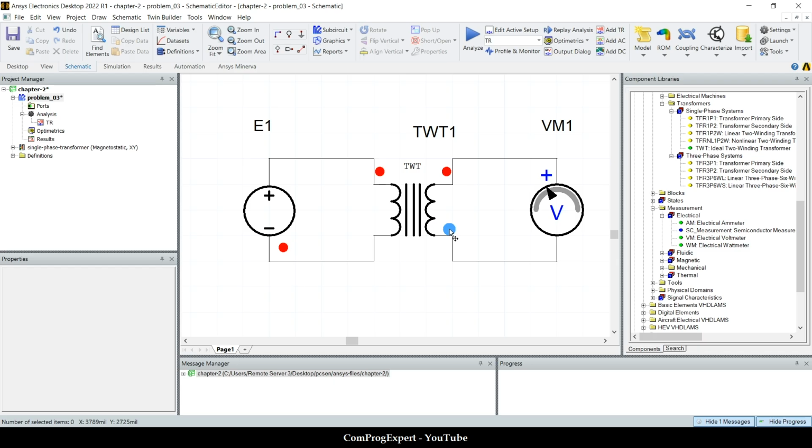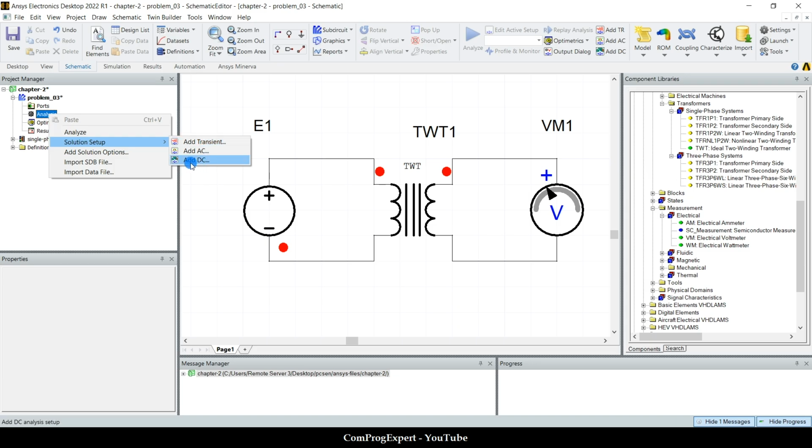Yes, also you remember from the circuit theory course, we can solve a circuit in the static case. When we have DC sources only, we can use the DC analysis setup. Also, in the case of magnetic or electric fields, we have electrostatic and magnetostatic.